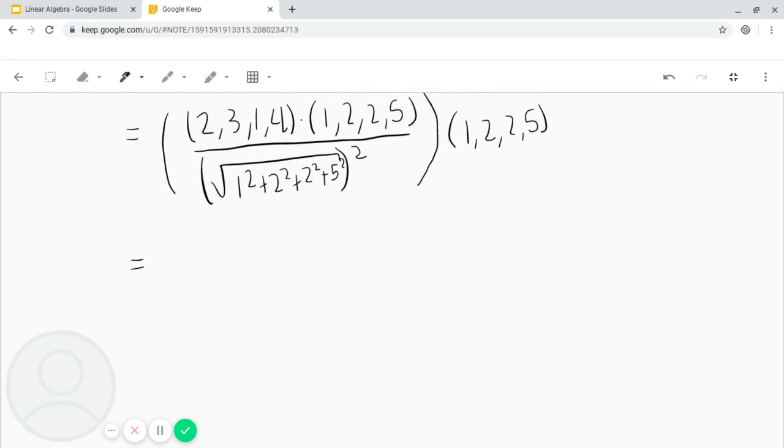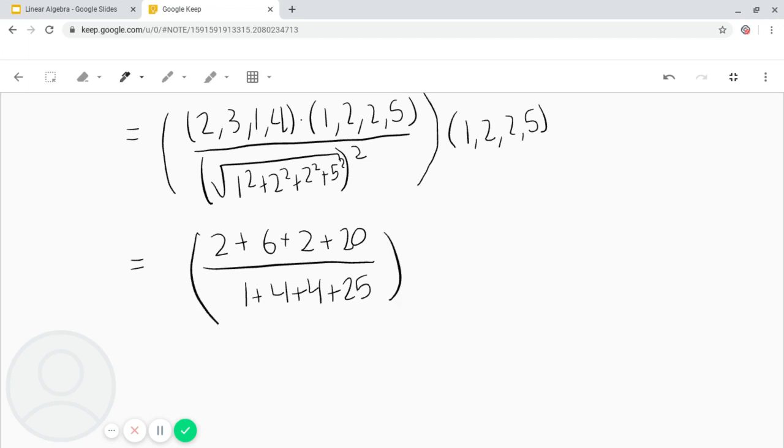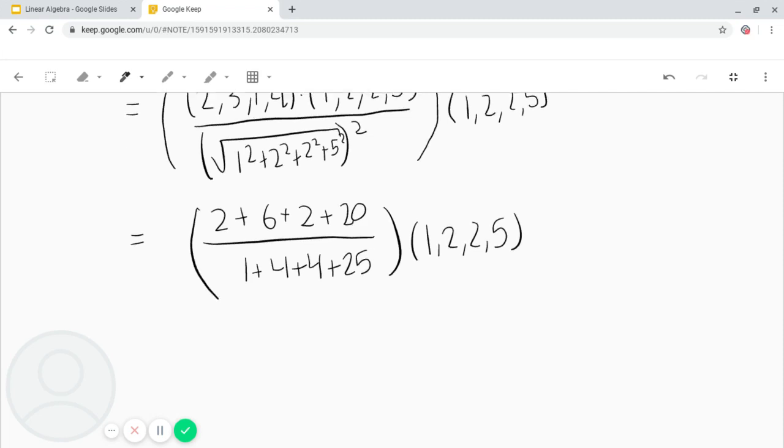We'll go ahead and do the dot product. 2 times 1 is 2, plus 6, plus 2, plus 20, all over, I guess we can get rid of the root, it would just be 1 plus 4 plus 4 plus 25. This would all be multiplied by (1, 2, 2, 5), which is A.